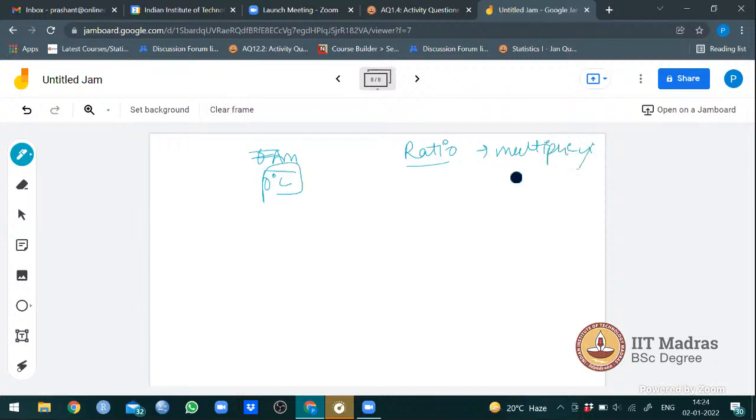So if we say marks of a student less than 20 is bad and more than 20 is good, is it interval? Is it ordinal? Ordinal. I said initially it depends on the data.